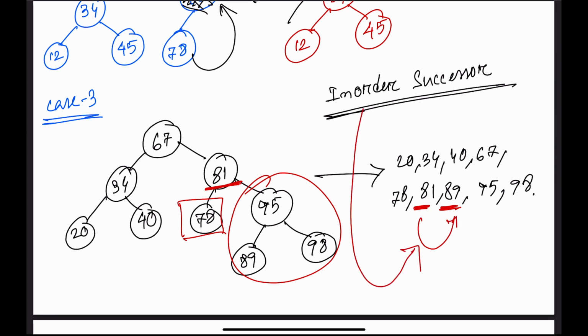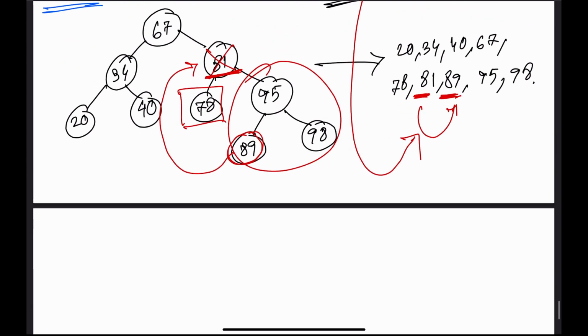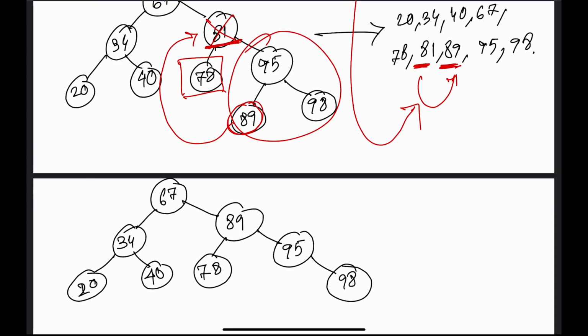In order successor means in order traversal, the next element of that node would be the in order successor. That means 89. So this 89 is going to be put here and this would be deleted. So in this way the deletion also happens.